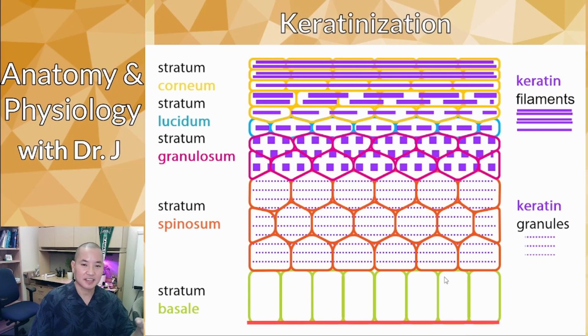Now, do you need to know exact amounts of keratinization? Just know that as you push from deep to superficial, your cells start to gather more and more keratin. But the trade-off is that when you have this hydrophobic protein building up in these cells, the cells actually start dying as well. They lose their nuclei as they transition from here to here. At this point, they're so full of keratin, they're non-functioning, they're dead.